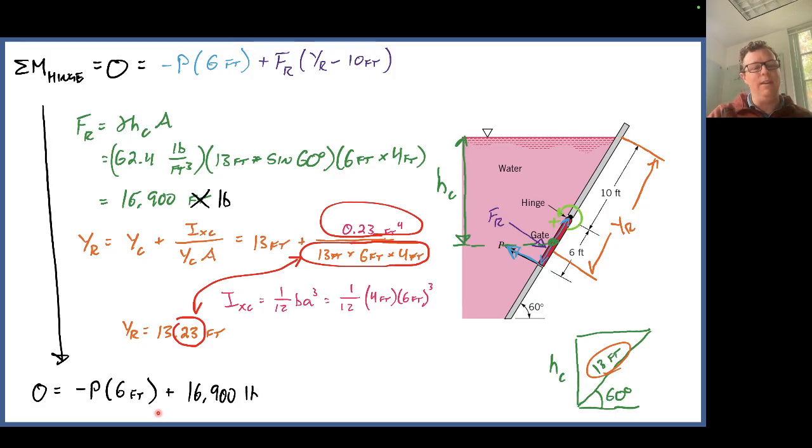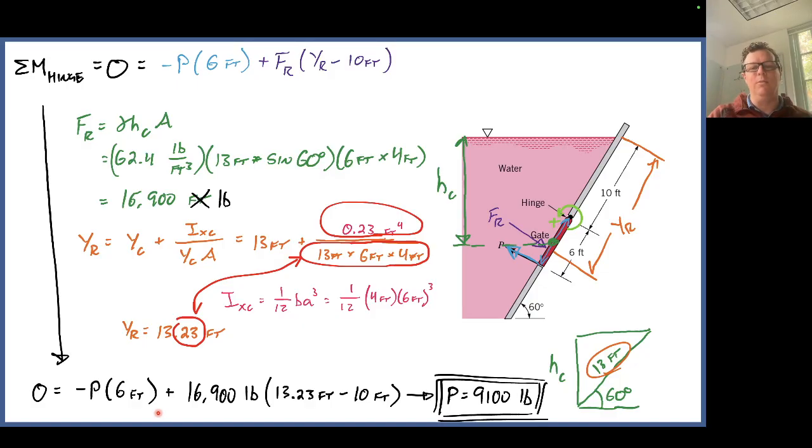We pull down that information from the top, we plug in the values that we've just come up with, and we can calculate a resultant force P, or excuse me, a holding force P of 9,100 pounds. And what I want to acknowledge to y'all right now is I think that my answer is numerically correct.